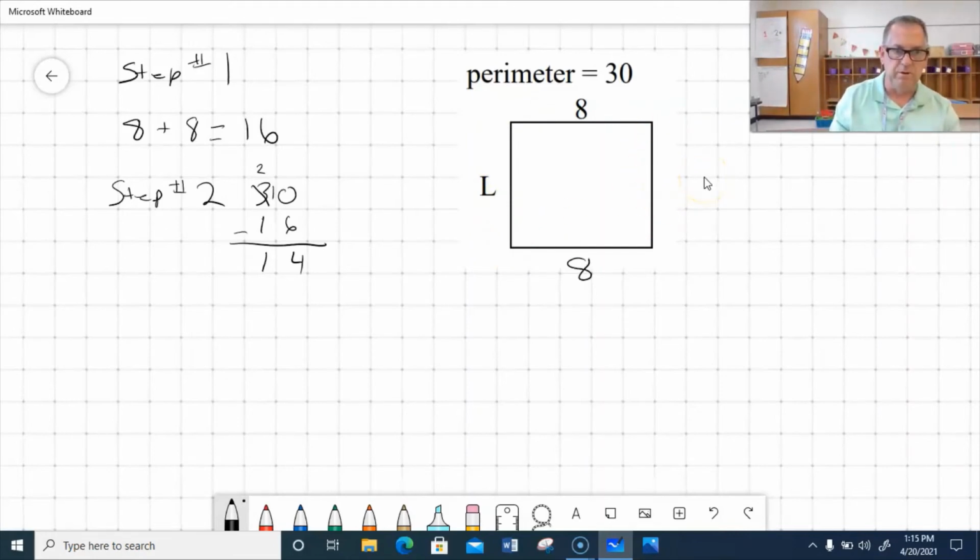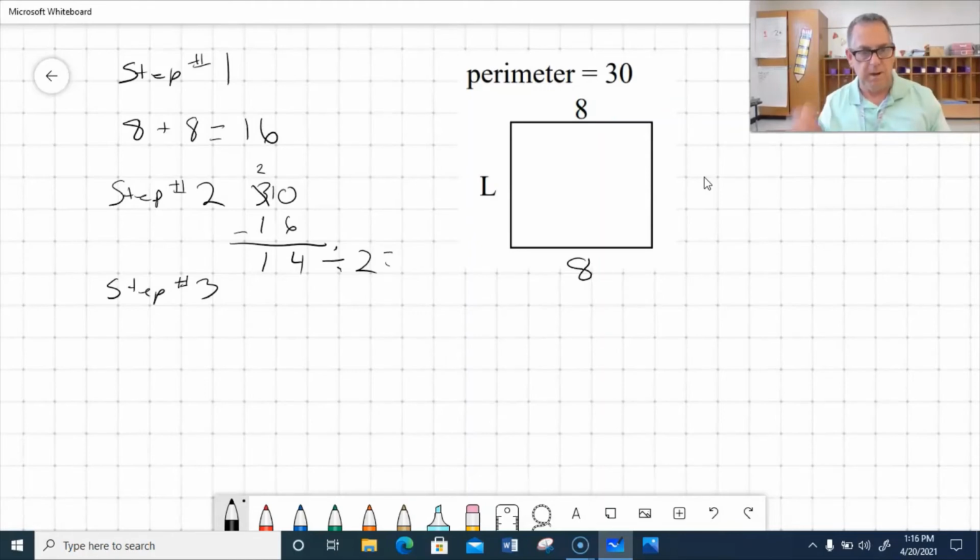So step 3, what we're going to do is divide 14 by 2 so we can figure out what our missing side length is. 14 divided by 2. Most of us should be good at our division by now. Most could probably figure out that 2 times something equals 14.